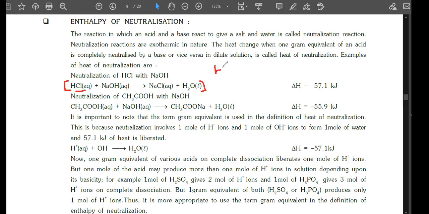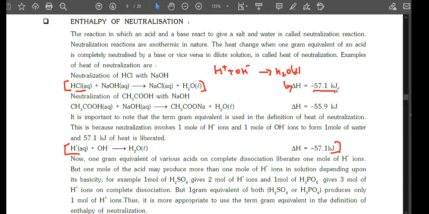So I told you that H plus plus OH minus gives H2O liquid, right? For this reaction, delta H is this one. So this is already written over here. So how can I say that this reaction and this reaction will have same delta H?